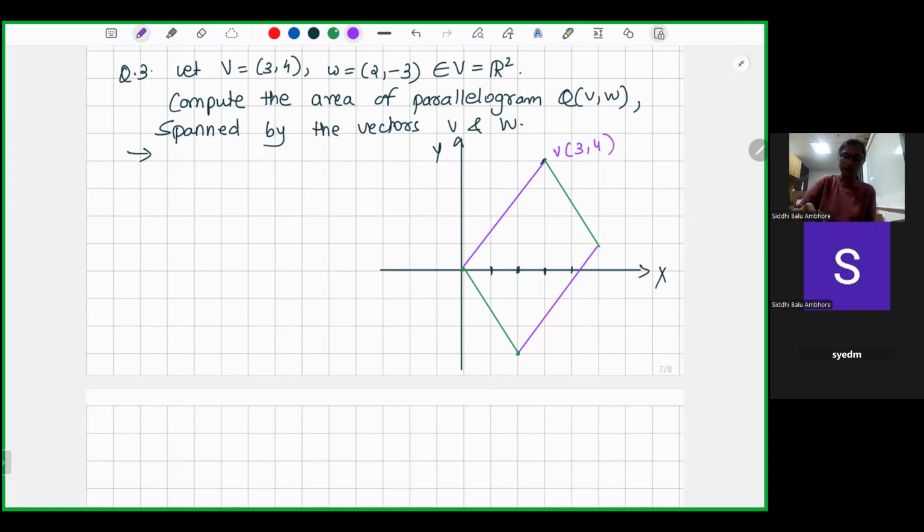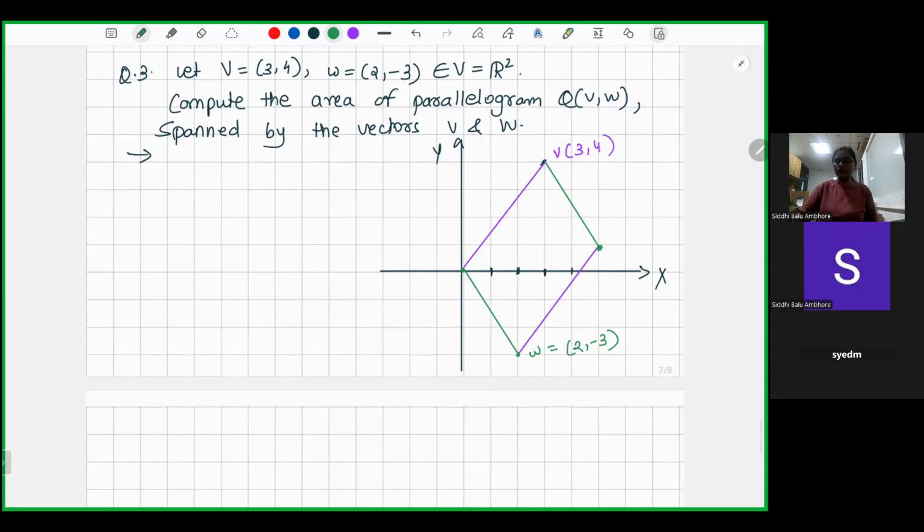This is my W. It is 2, -3. So this is the parallelogram which we are asked to calculate the area of. Okay, and there is a direct formula to calculate it, just find the determinant of this.